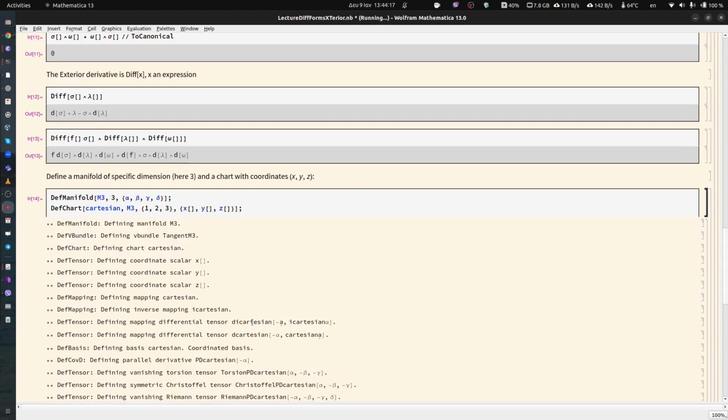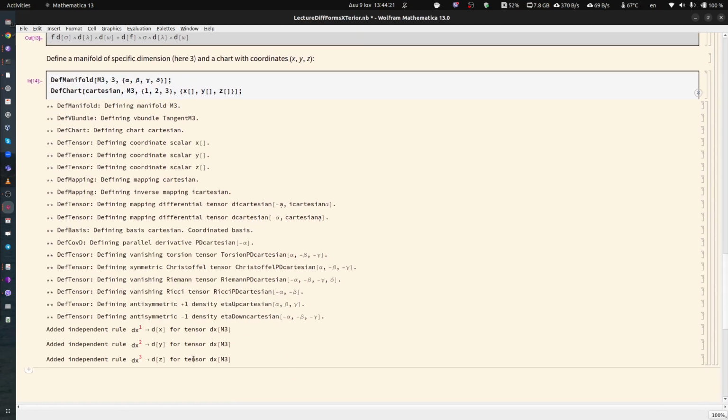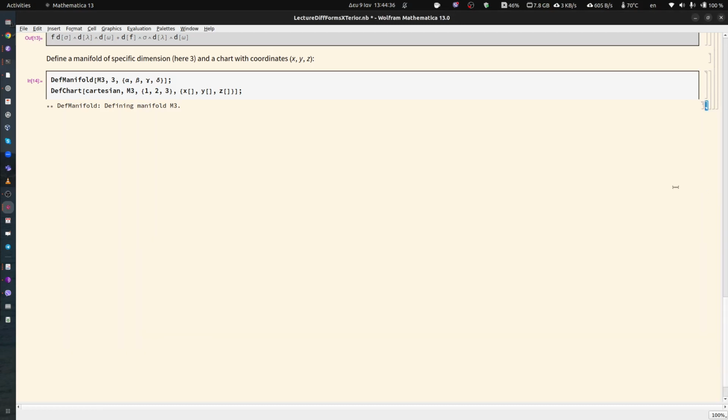So after doing this, you see a lot of work is done under the hood. A lot of things that we will not use are defined. So you can read those messages and get a glimpse of what is coming when we will learn to use xAct in more detail later.